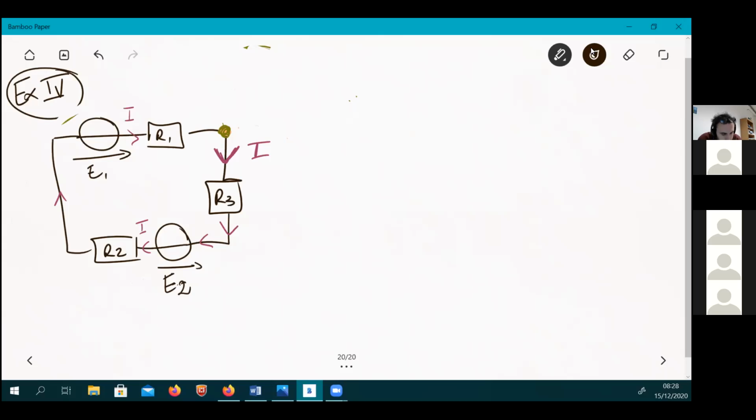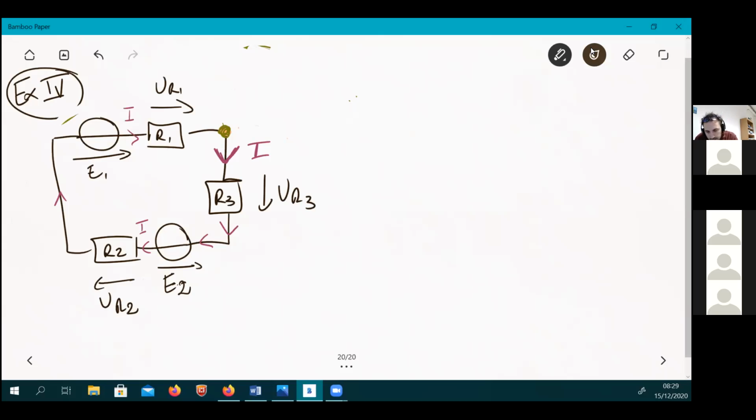Now, instead of using the receptor convention, I'm going for the generator convention. So I'm labeling correspondingly all these voltages in between the terminals of my resistor in the generator convention.